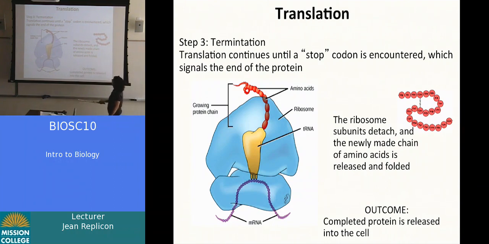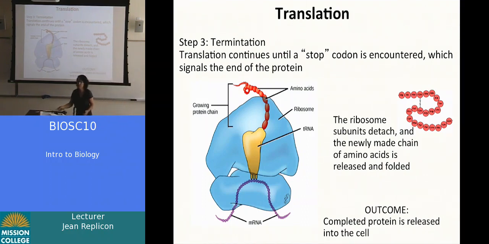It continues on until what? Until it reaches a stop. Give me an example of a stop. UGA, yeah. If it reaches UGA, then everything gets released. That means that's the end. We're done here. And so off comes the chain of amino acids, which, as you know, must be folded.